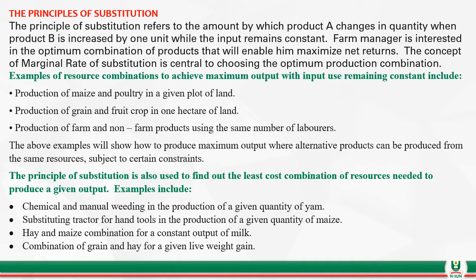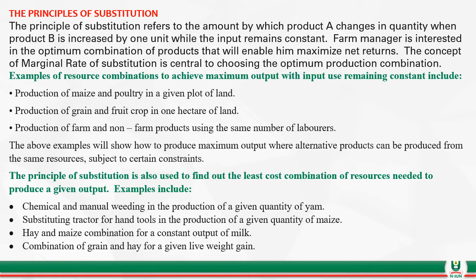So let us look at these examples now. Here are examples of resources used to achieve maximum output with inputs remaining constant. This includes production of maize and poultry in a given plot of land, production of grains and fruit crops in 1 hectare of land, and production of farm and non-farm products using the same laborers.